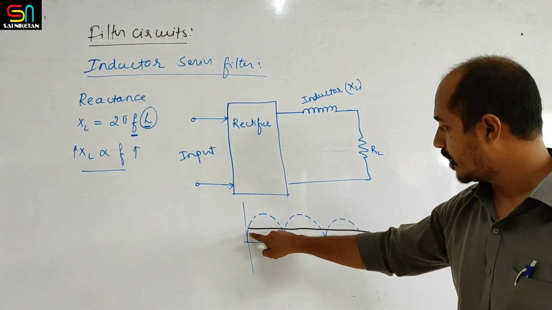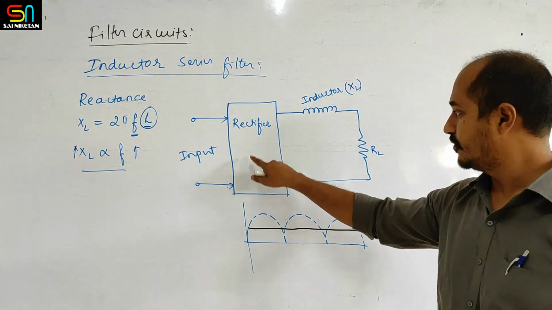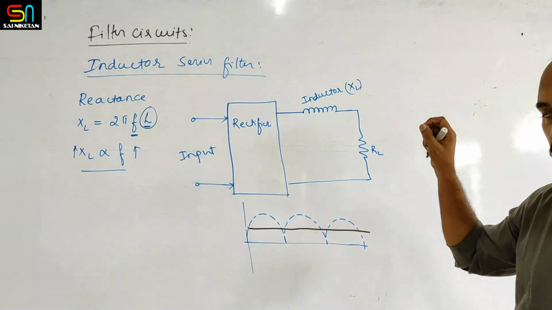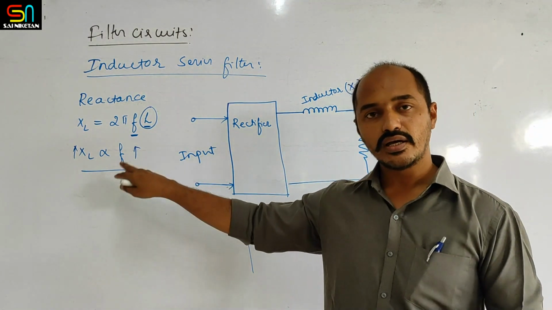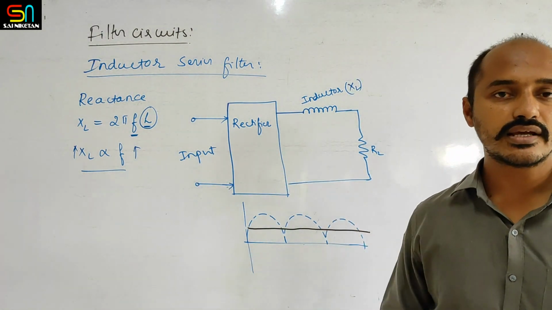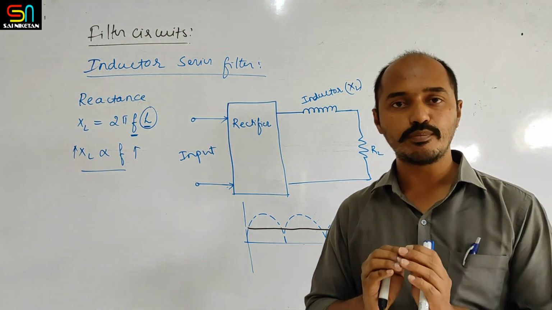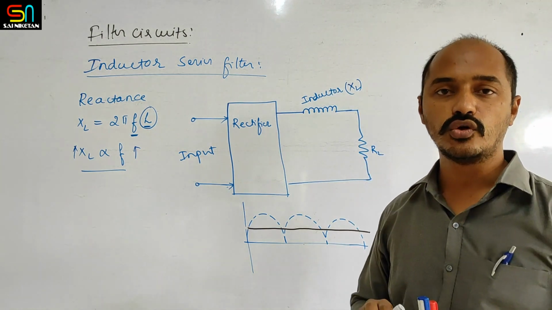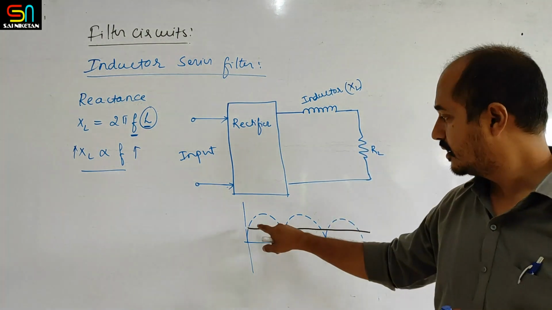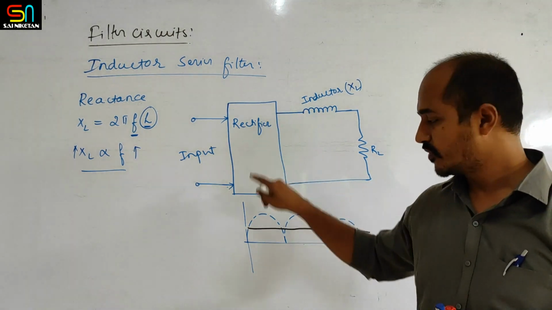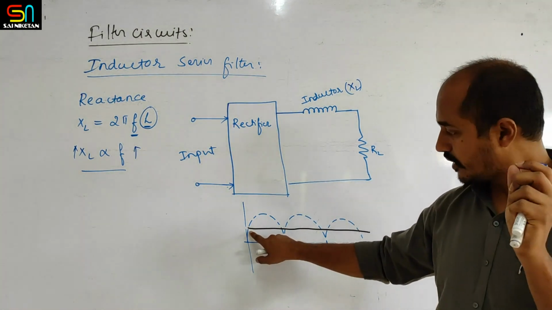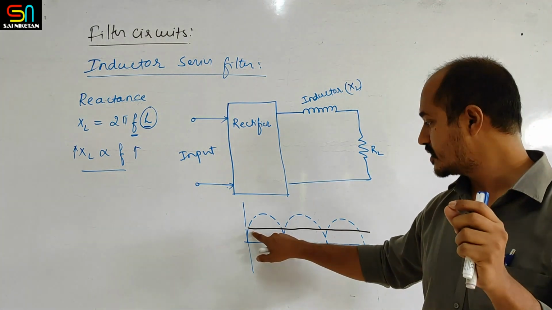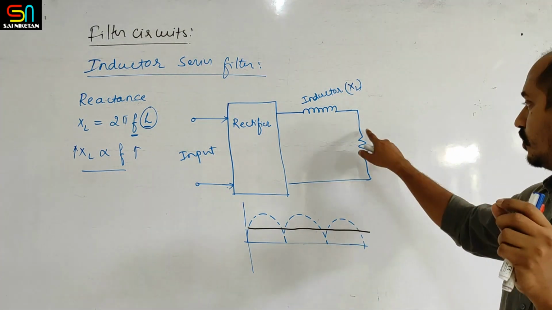When the frequency increases, resistance increases, and for that frequency this inductor does not allow the current to flow through it. Hence this much current is bypassing. Only a particular frequency value, the particular voltage, is allowed to flow through the load resistance.